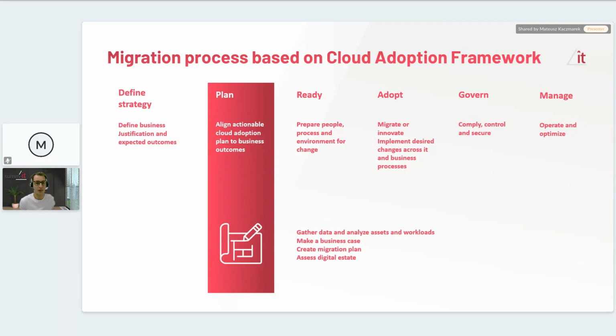Then we have the possibility to access data like how many cores, how many CPUs, and so on we have on our local infrastructure, and what it would be ideal to migrate to Azure. So it suggests which VM types we should use, which will be the best from our perspective.